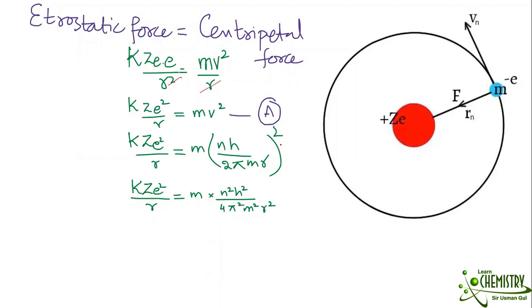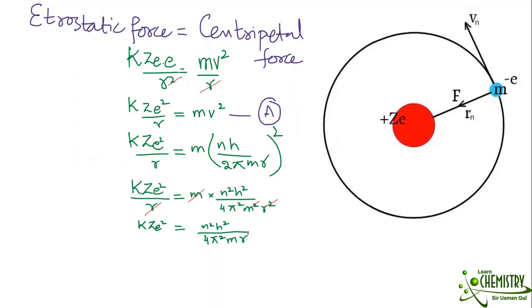The m cancels from this m, and this r can be cancelled from that r. After the cancellation, we get kZe square equals n square h square upon 4 pi square mr. This is the second last stage where we can get the formula of r.